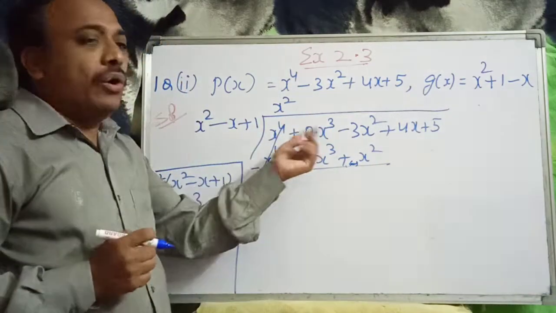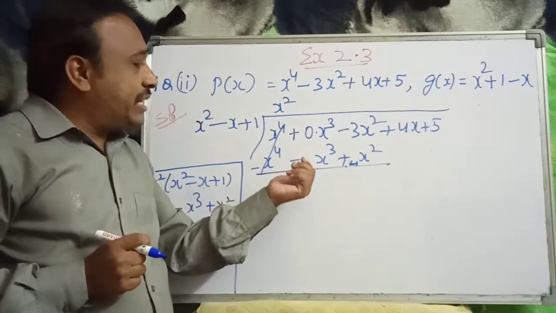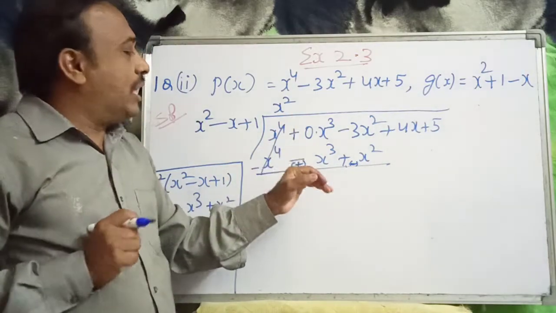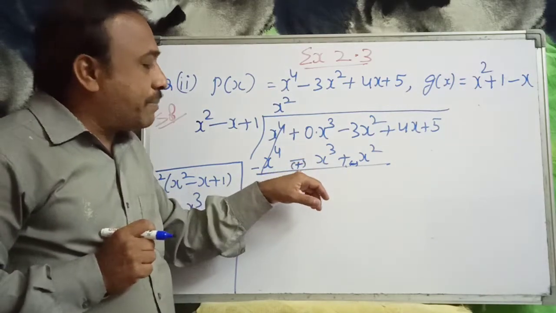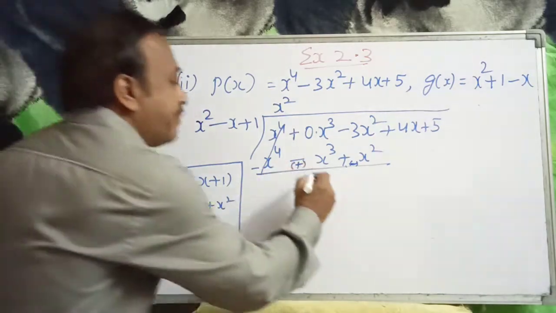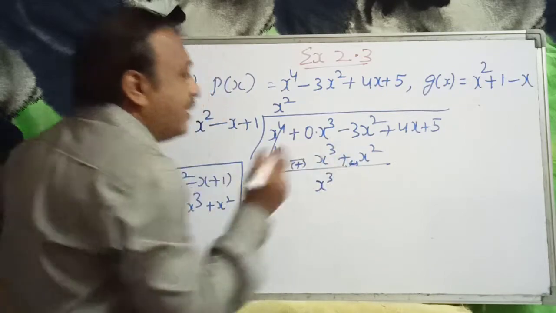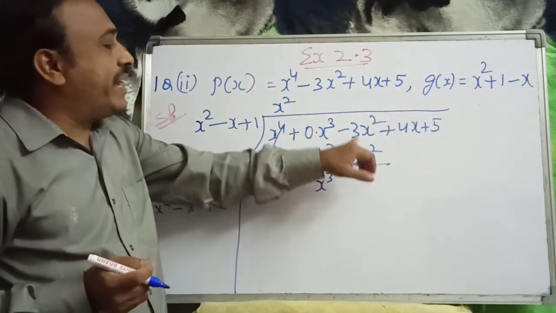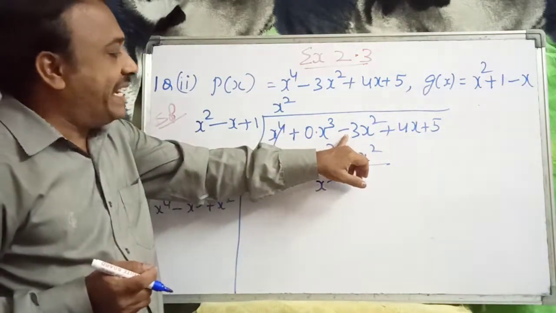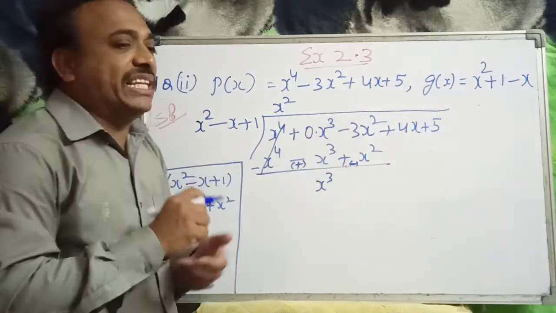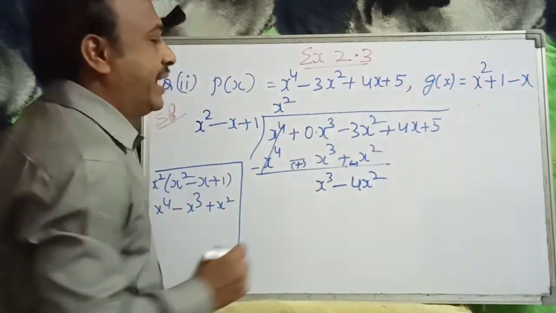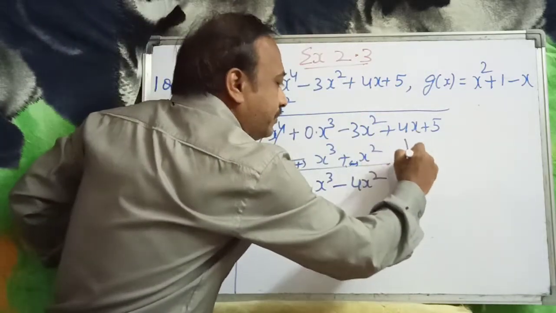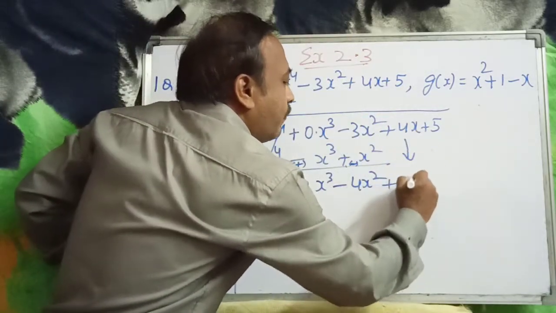This is 0. Then see the down term, x cube, it has plus sign. After changing the sign, x cube, then minus x square, this is minus 3x square. Minus 3 and minus 1 together is minus 4x square. Now bring down the term plus 4x.